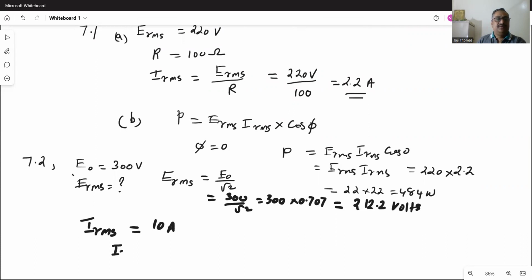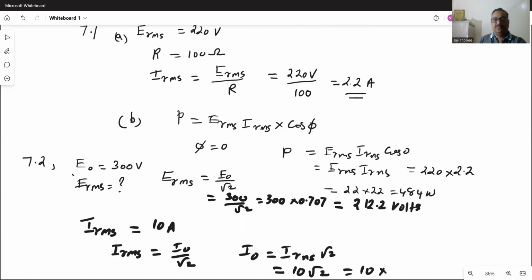Equation: IRMS equals I0 by root 2. So I0 equals IRMS root 2. What will you get? 10 root 2. 10 into 1.414, so 14.14 ampere. This is the peak current.